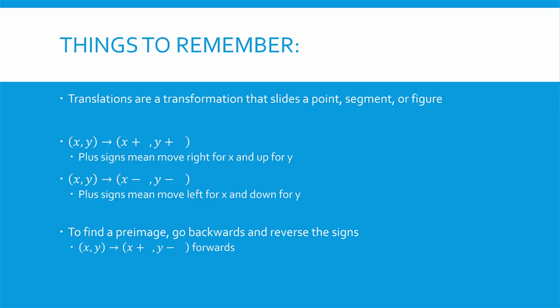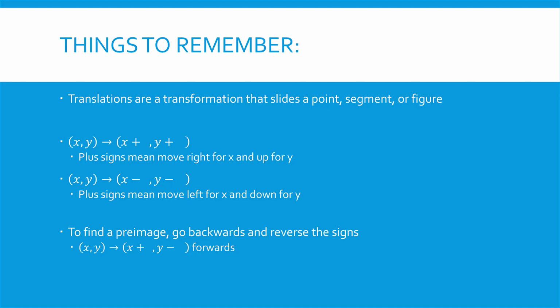All right, so let's summarize and wrap things up. So translations are a transformation that slides a point, segment, or figure. Remember, this is your up, down, rights, and lefts. And then pay attention to your signs, okay? Plus signs on your x move it right. Minus signs on your x move it left, just like your x-axis would be. And then your y's, plus go up, minuses go down, okay?